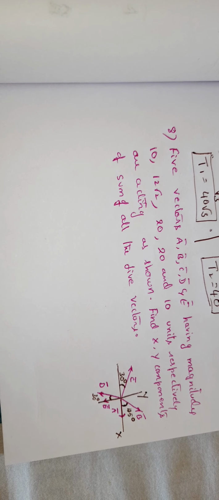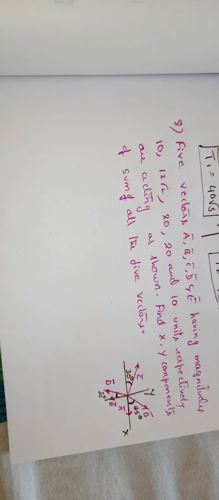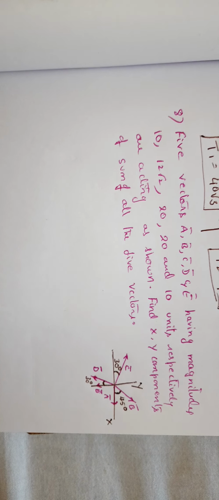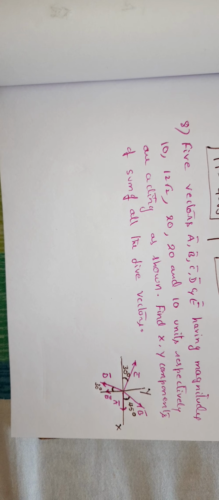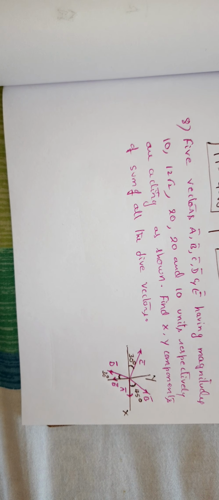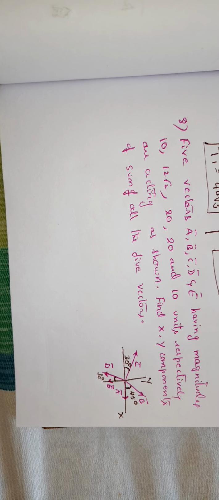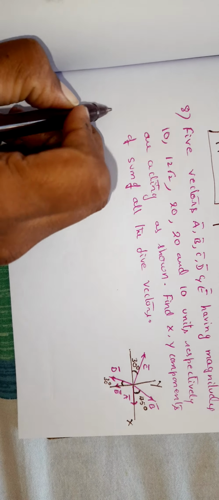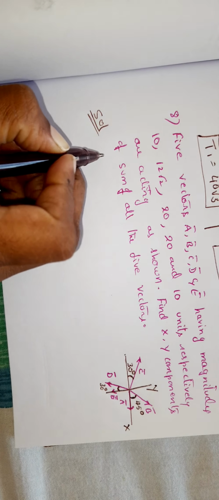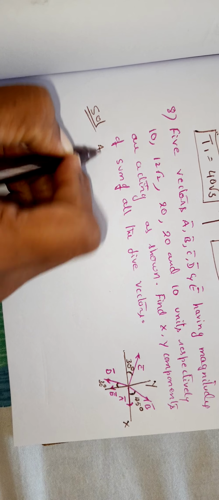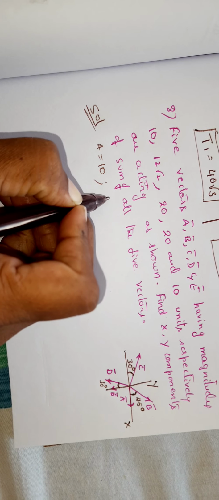Now the next one. 5 vectors A bar, B bar, C bar, D bar and E bar having magnitudes 10, 12 root 2, 20, 20 and 10 units respectively are acting as shown. Right, don't read so much. So here you have A bar, modulus of A is 10.